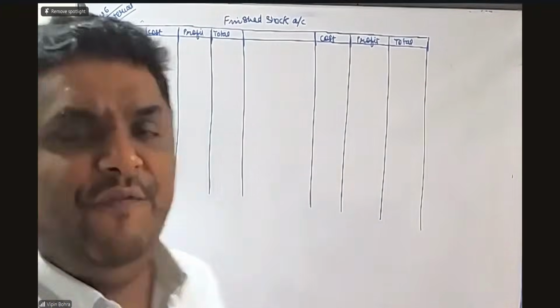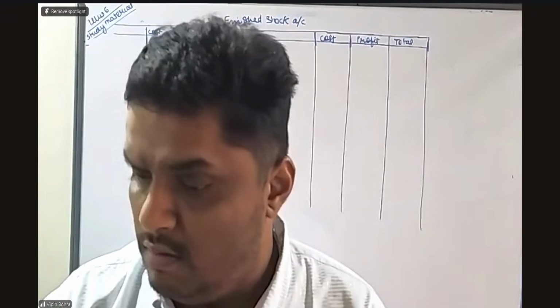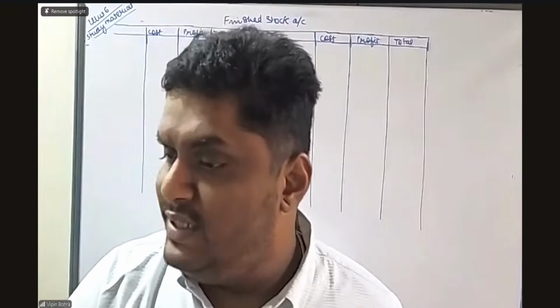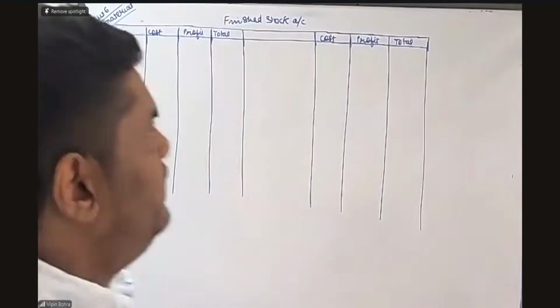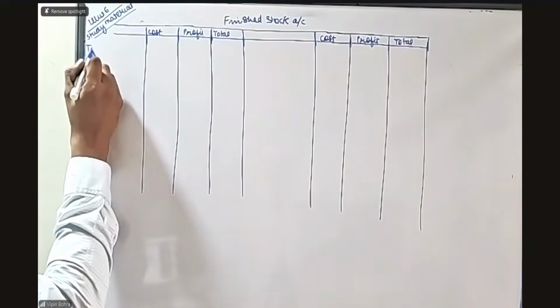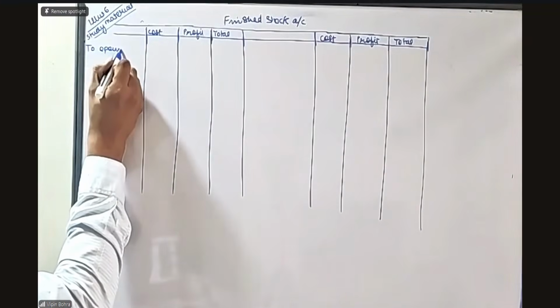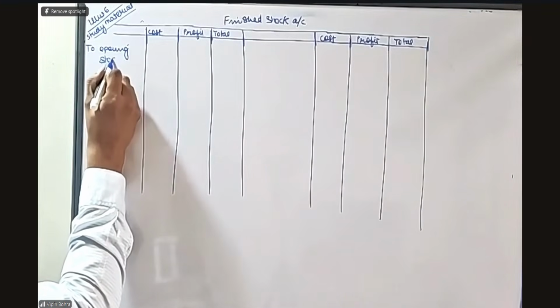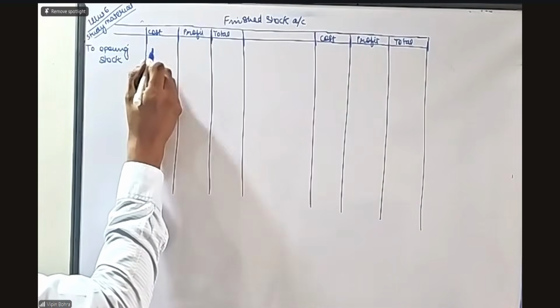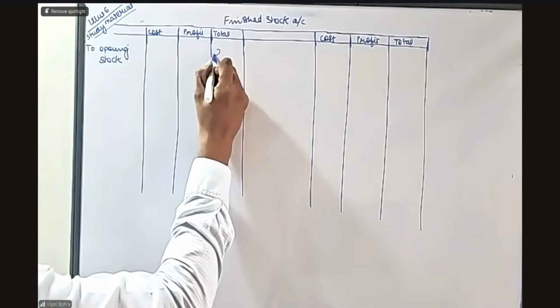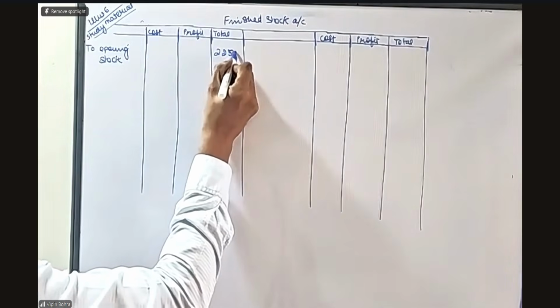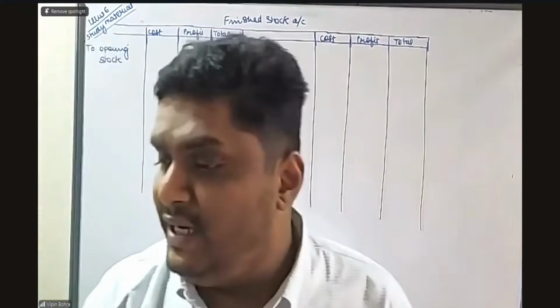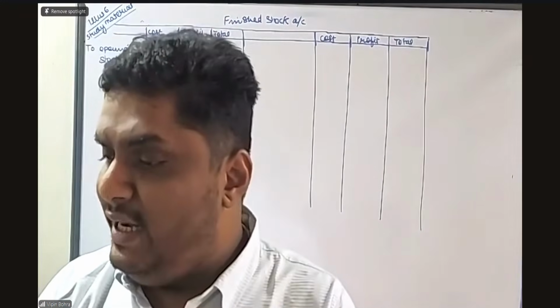Now let's prepare the finished stock account. So see, opening stock is given 22,500. Now see, profit included in opening stock is 8,250.